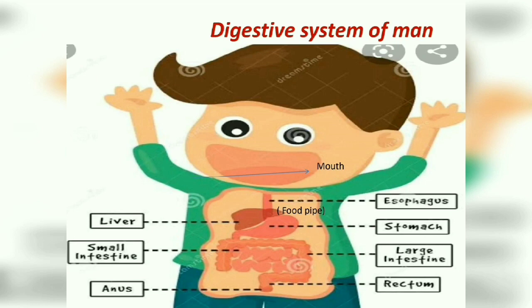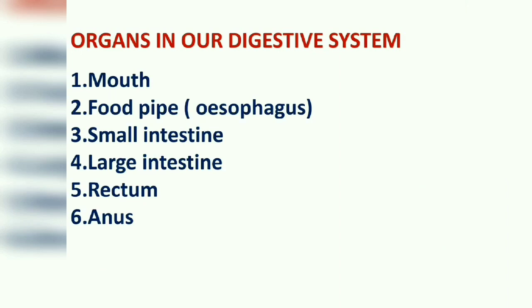Whatever remains is the food that is not required, waste. From the large intestine, the waste material, the feces, is stored in the rectum till it is removed out through the anus. Anus is the opening through which the waste material is removed out.